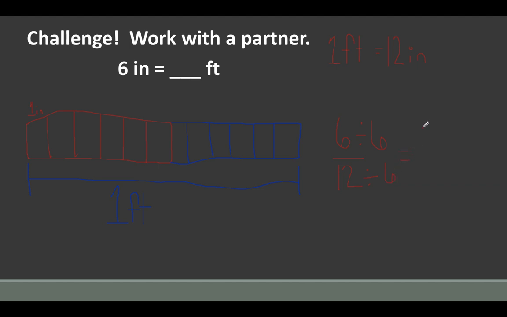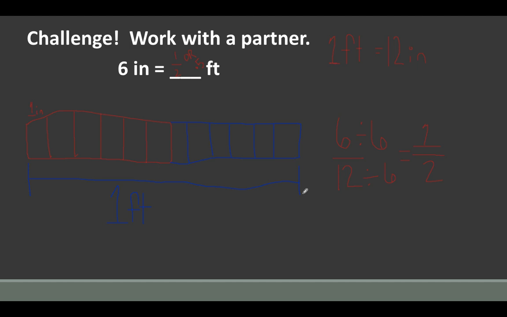Six divided by 6 is 1. 12 divided by 6 is 2. So that means that 6 inches is equal to 1/2 of a foot. So 1/2, or you could write it as 5/10. Okay, because 1/2 is equal to 5/10.